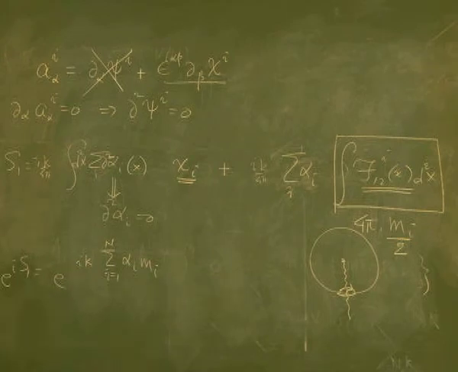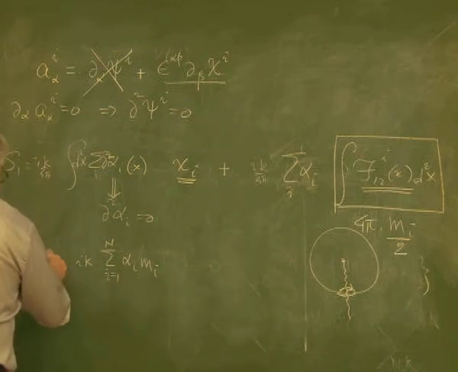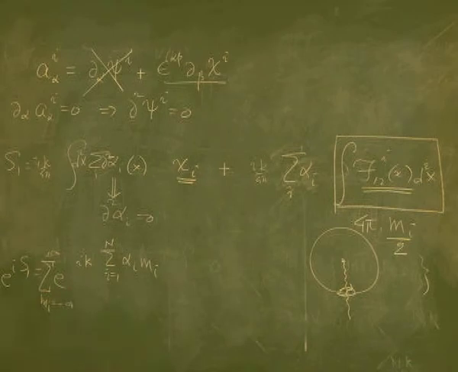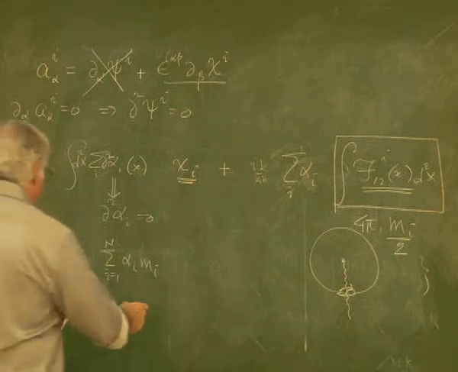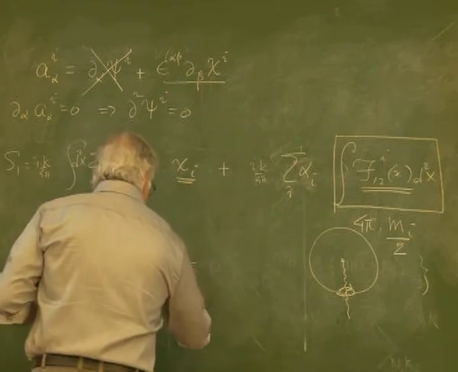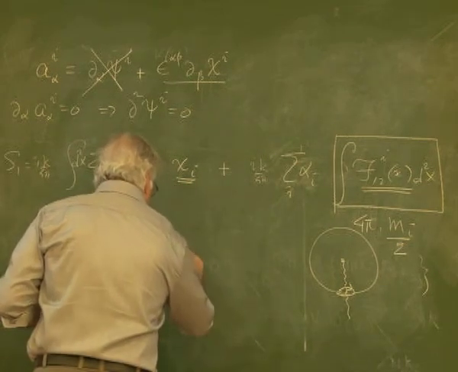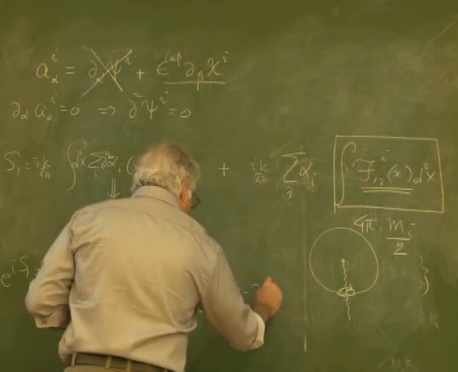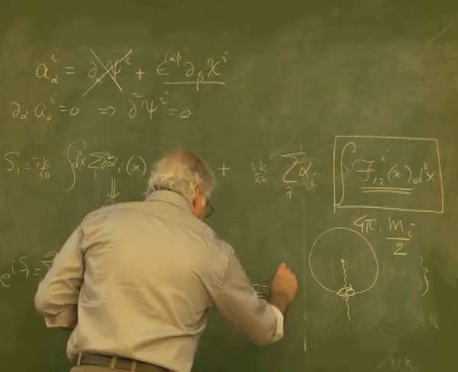Okay, so you have to bear that into account. Now, if you have a formula like this in which you have to sum over all the fluxes, then I can use the Poisson summation formula, which is nothing but a statement of electric magnetic type of duality, and this is equal to the sum from minus infinity to plus infinity of delta of alpha_i minus 2 pi upon k m_i.